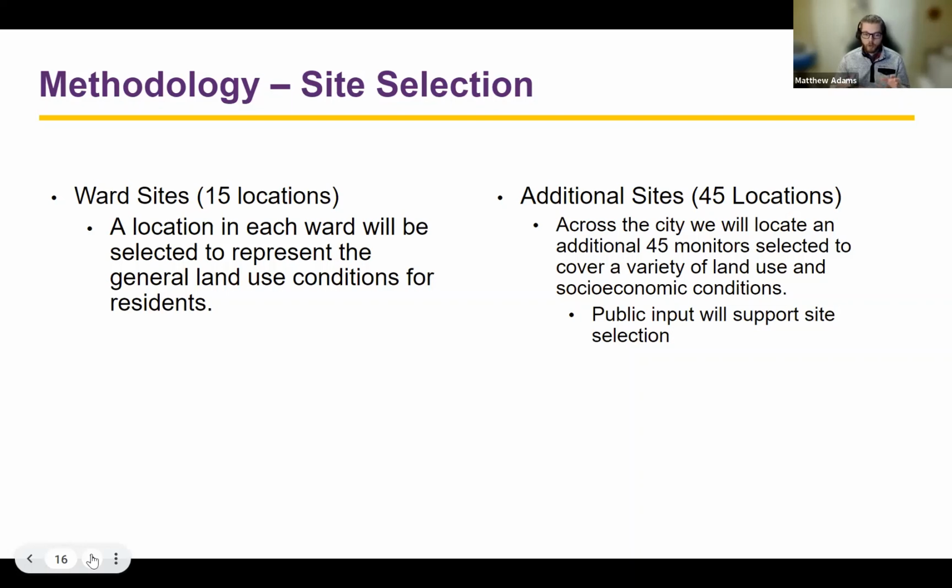If it's one of the more suburban or rural wards, we want to try and capture that. What are the general conditions within each ward? Those will be our ward sites. And then we're going to select 45 additional sites throughout the city to try to capture those unique combinations of land use and socioeconomic conditions.